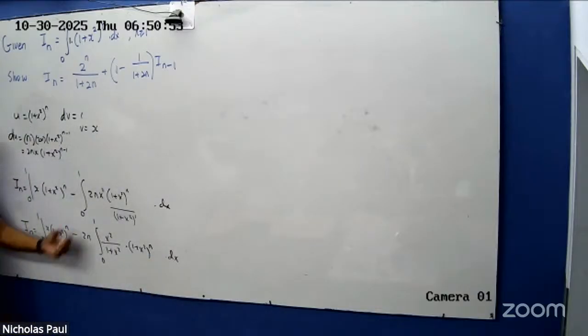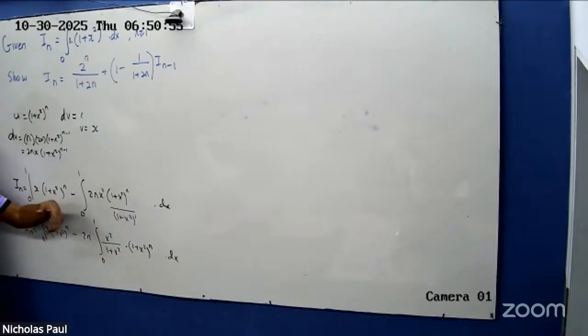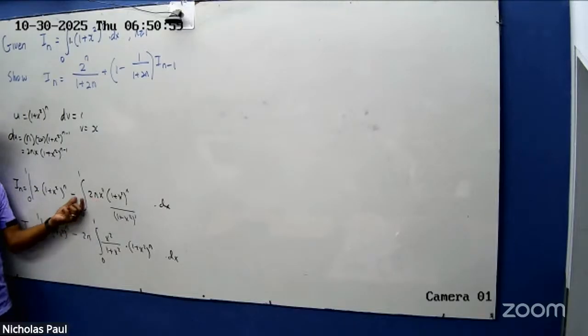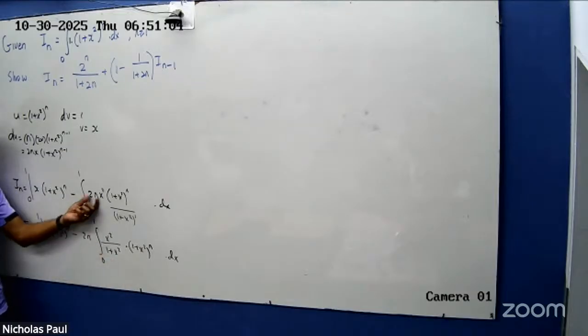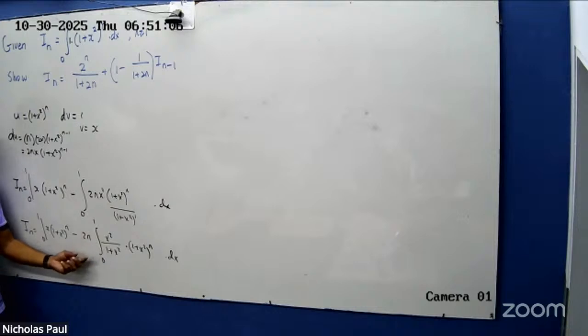After you do one like this and you see it again, you'll be able to figure it out. So if I put the 2n outside, it looks like this. Can I simplify this a little bit? What type of denominator is that? It's a little partial fractions.